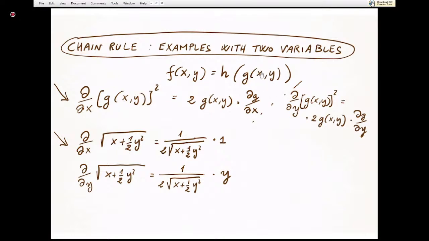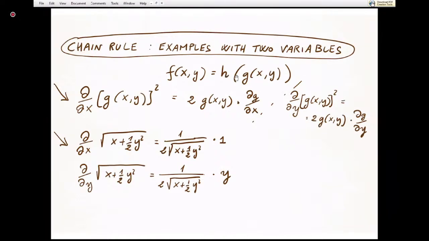There is one function g that transforms xy into a number, and this is the first variable for the outer function. There is another function m of xy that transforms xy into another number. So H would be a function of two variables, okay? There are more structures, and one is particularly important.